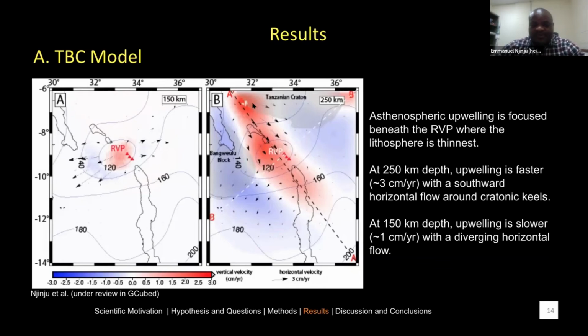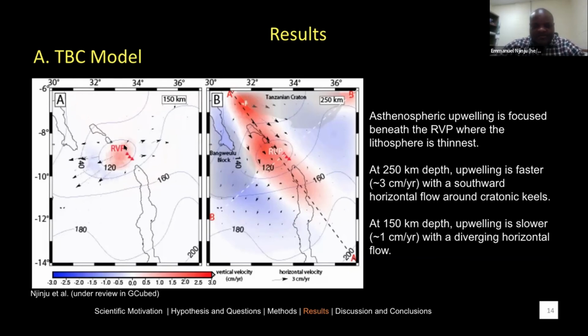We see upwelling focused beneath the Tanzanian craton, and it flows northwest to southeast towards the Malawi Rift at a rate of approximately 3 centimeters per year, and tends to focus beneath the Rungwe volcanic province at shallower depth.